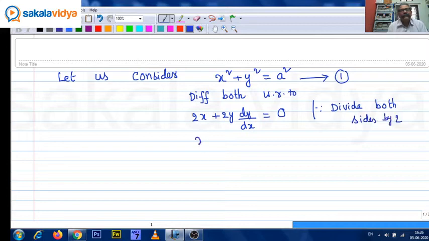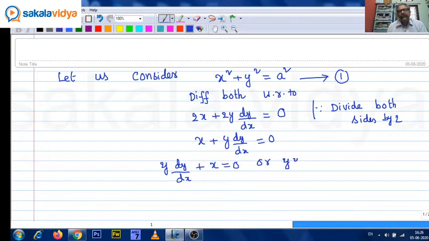Now we get x plus y dy by dx equals 0. This we can write like this: y dy by dx plus x equals 0, or we can write y dash plus x is equal to 0, or y1 plus x equal to 0.